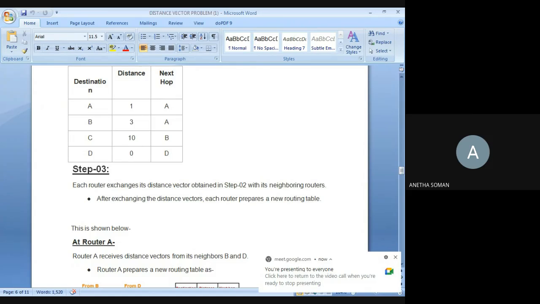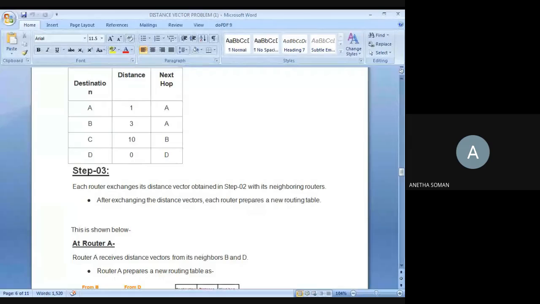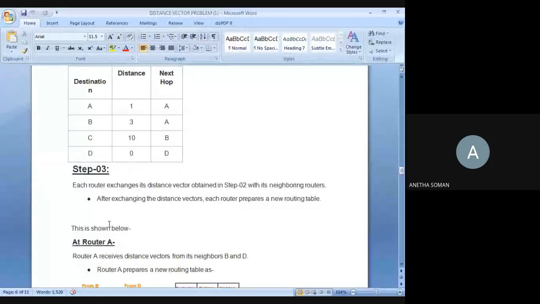After exchanging the distance vectors, each router prepares a new routing table.